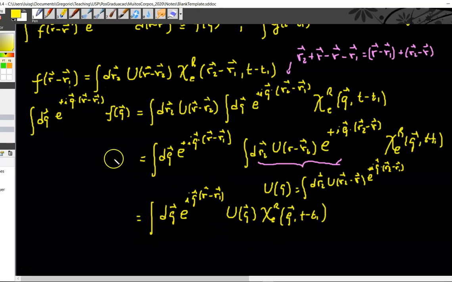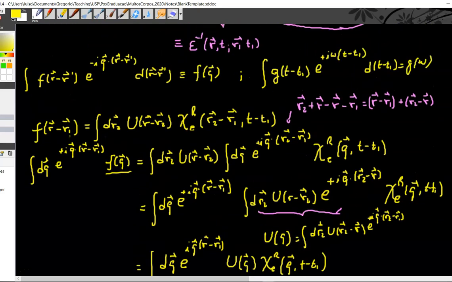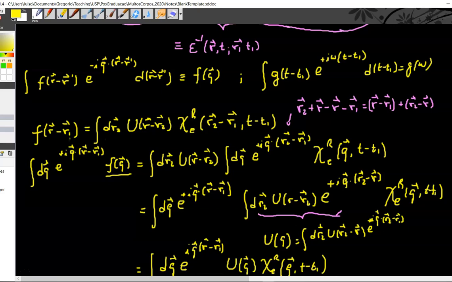All right, so the Fourier transform of this is precisely u of q times the correlation function at q, where I define this precisely as in this form with an important difference here.